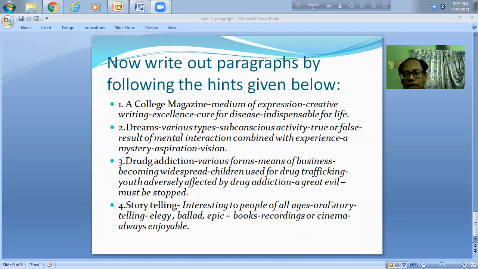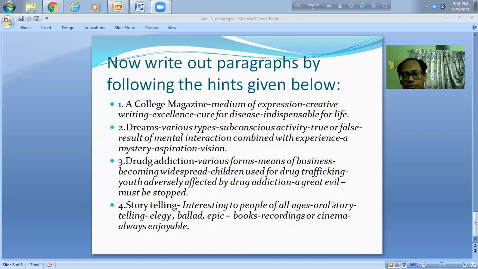Another dream, the word dream refers to our hope, our aspiration, our ambition, our vision. So we hope to be successful in our life. Our aspiration is to be a doctor, an engineer, or a teacher, or a businessman. And our vision is our dream.